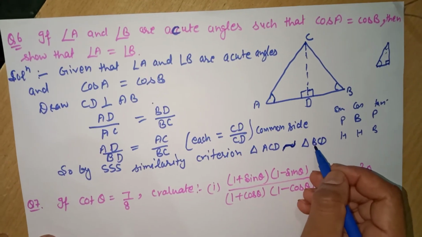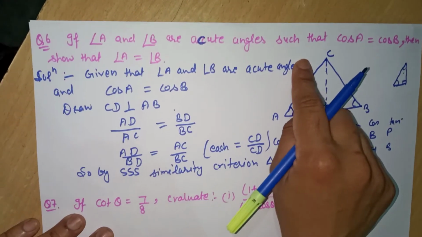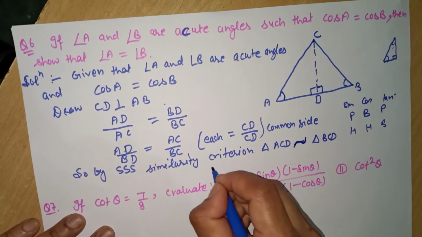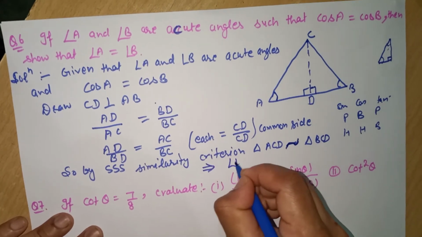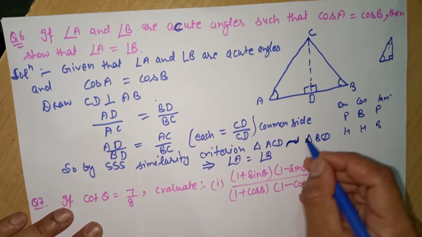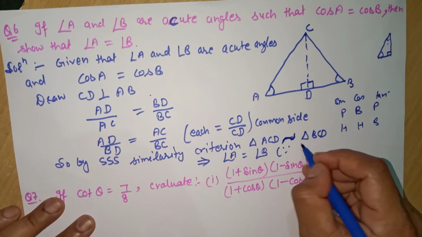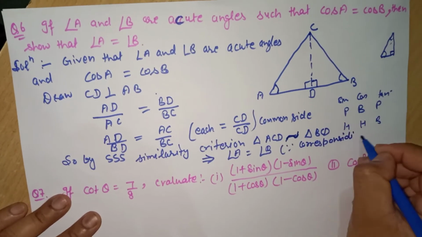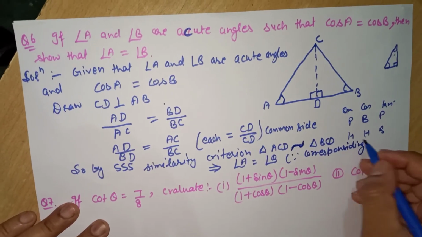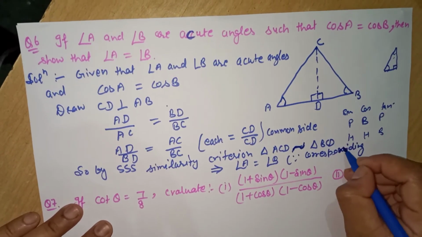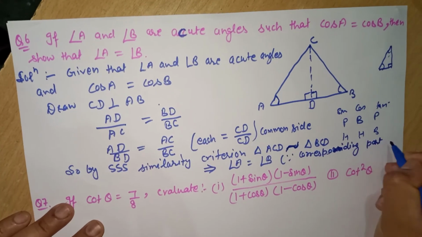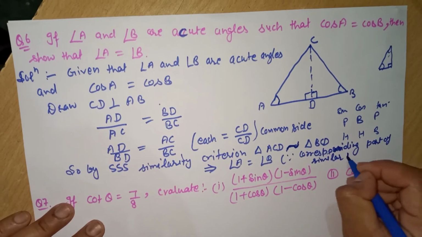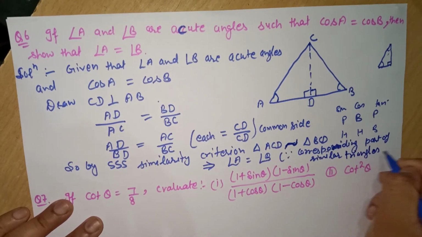Now if these triangles are similar, then their corresponding parts will be equal. So angle A will be equal to angle B. We write here, this implies angle A equals angle B because corresponding parts of similar triangles are equal.